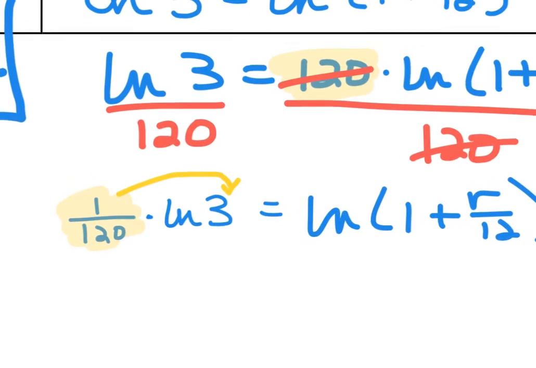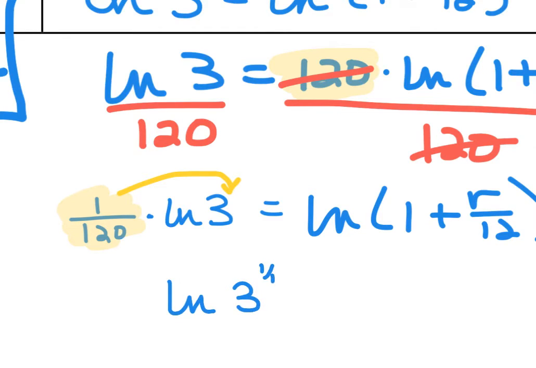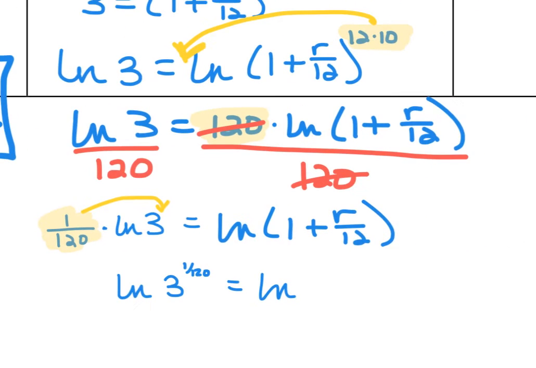You would then make that an exponent on the 3. So this is now ln of 3 exponent 1 over 120 equals ln of all the stuff inside the parentheses. Well, now I have ln of something equals ln of something. I can just drop the logarithms.